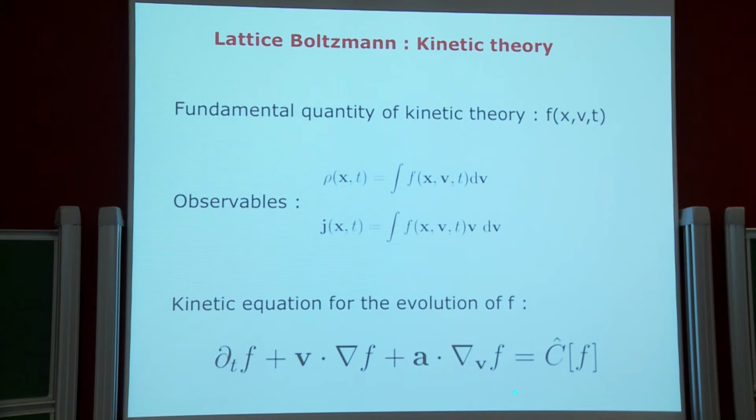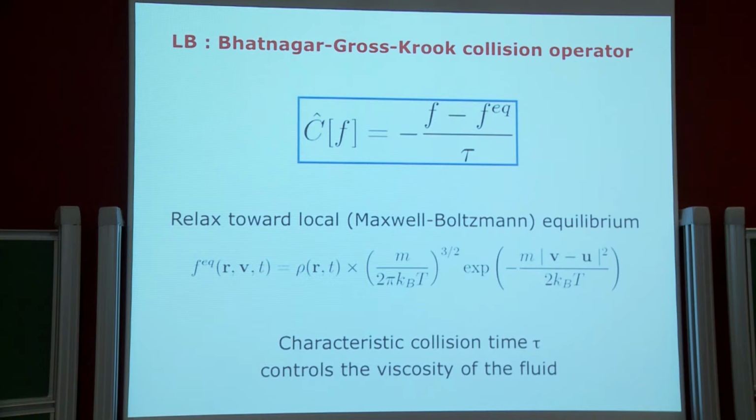And essentially the main effect of collisions is to thermalize your system. So if you have many collisions, it will bring this non-equilibrium single particle distribution function towards the local thermal equilibrium. And this local thermal equilibrium is simply the Maxwell-Boltzmann equilibrium.